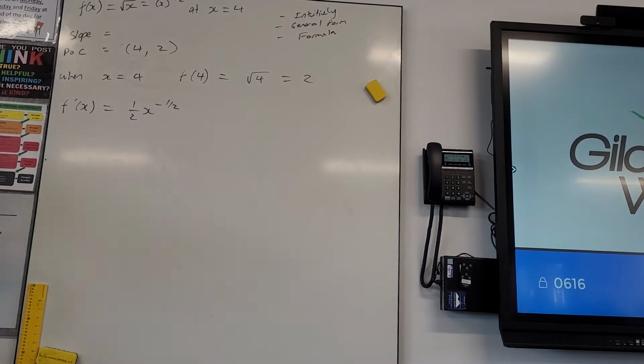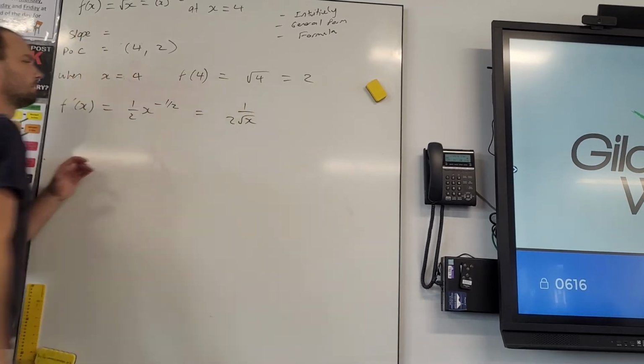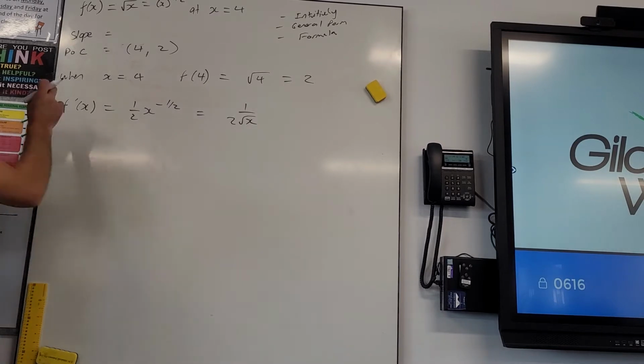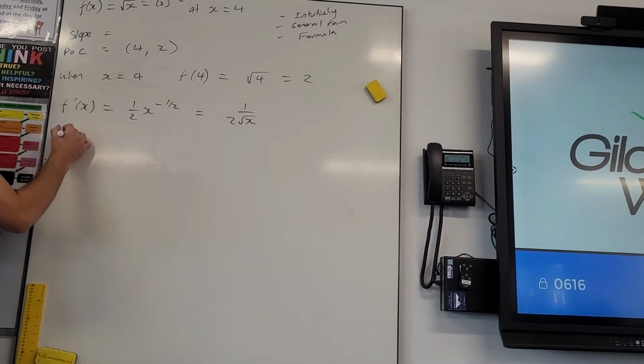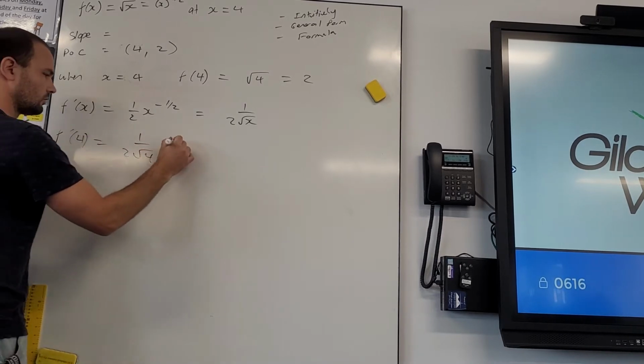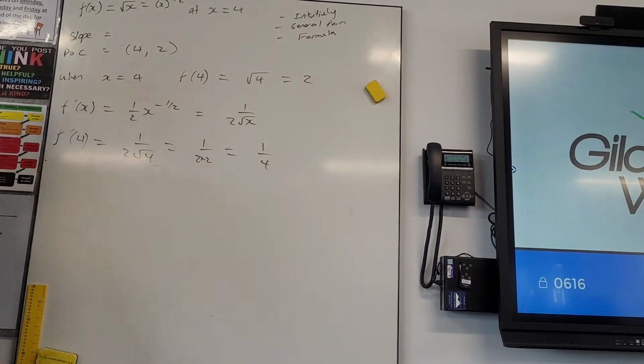Written neatly, that's 1 on 2 root x. To find the slope, we put x is 4 into the derivative function: f dash of 4 will be 1 on 2 root 4, that's 1 on 2 times 2, which is 1 on 4.